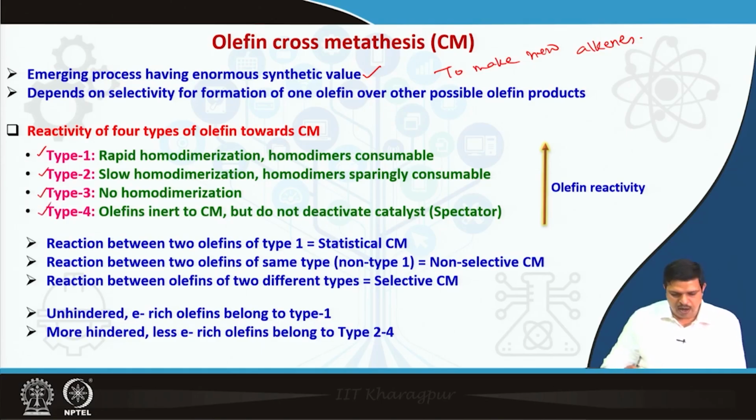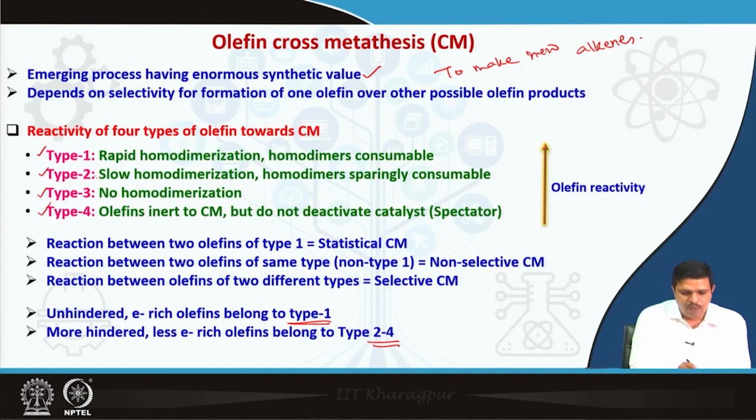Type 1 are generally unhindered and electron rich. The more hindered, less electron rich ones belong to type 2 and 4. These are important to judge which alkene will be more reactive for alkene metathesis reaction.